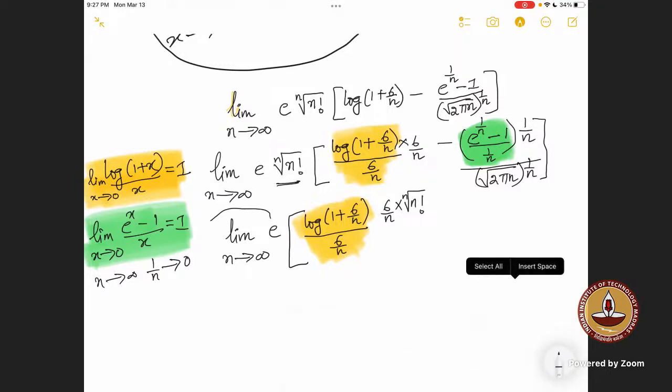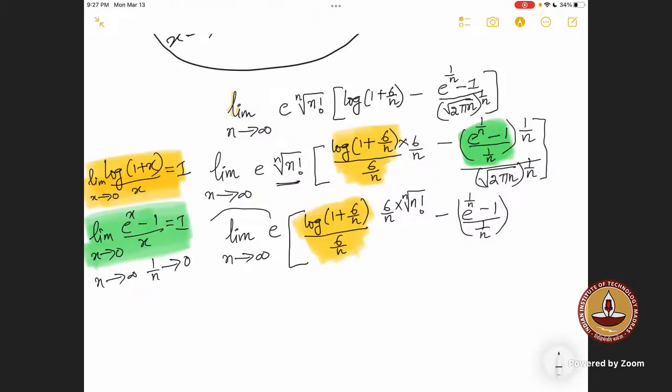So the other part, it will be e power 1 by n minus 1 by 1 by n. Since I shifted this term, which is nth root of n factorial, inside, it will be multiplied with both the terms in the bracket.